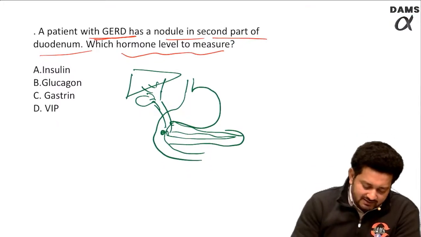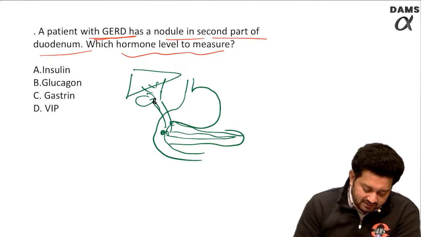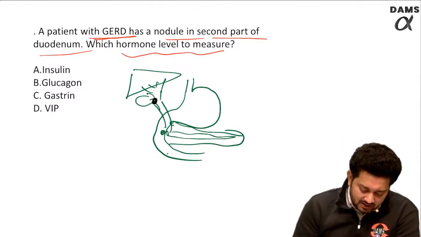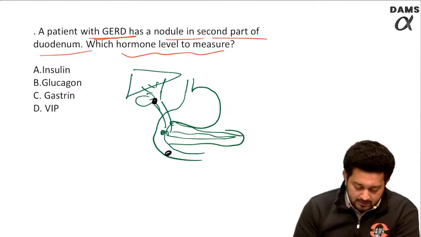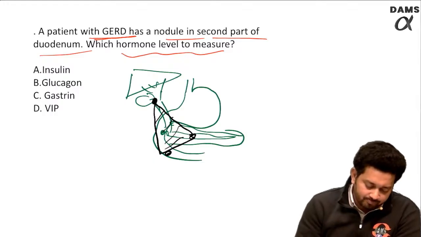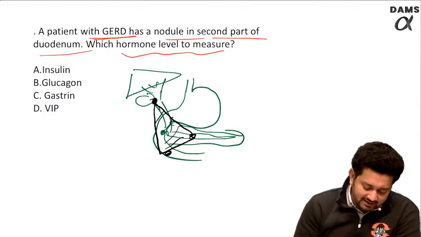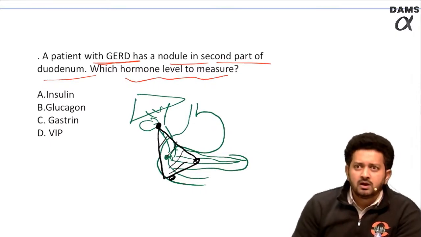We know that there is a triangle known as the gastrinoma triangle or Passaro's triangle: the junction of the cystic duct and the CBD, the junction of the second and third part of the duodenum, and the junction of the neck and body of the pancreas. If you join these three, you will see this triangle. So this is gastrinoma, and which other thing goes in favor of gastrinoma?